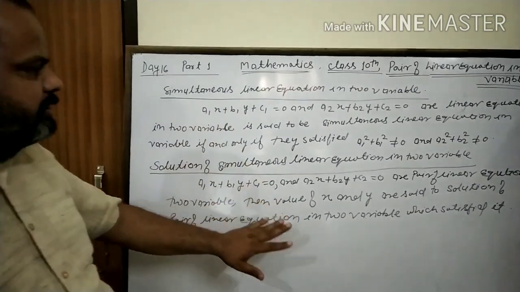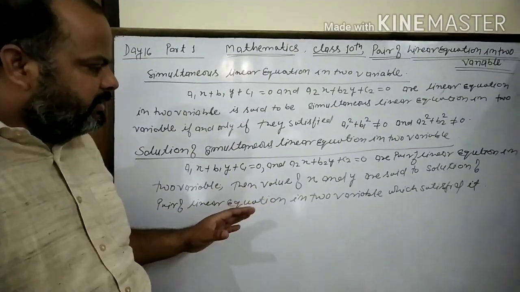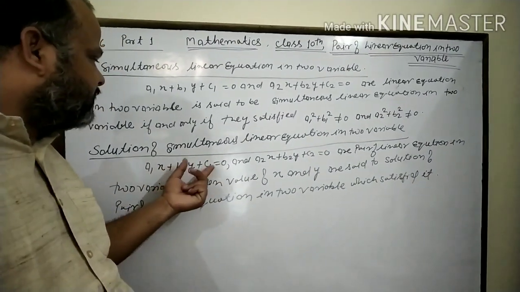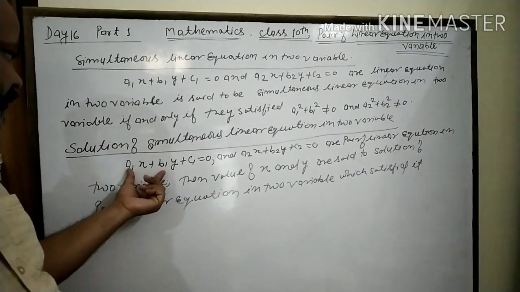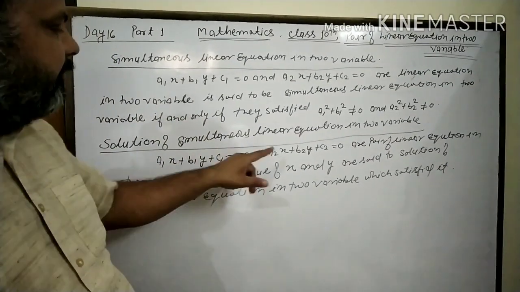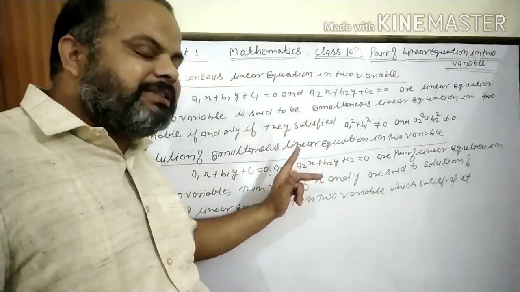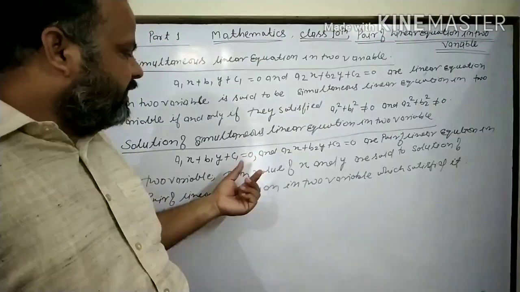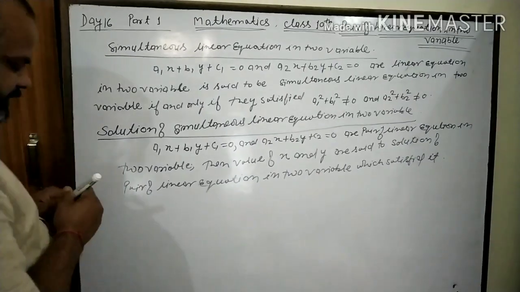Now if it is the solution, then how many solutions? Because you know that if there is only one linear equation in two variables, there are infinite solutions. But if we have two linear equations in two variables and they are simultaneous to each other, it means they are a pair, then what is the solution? Then there are three conditions.